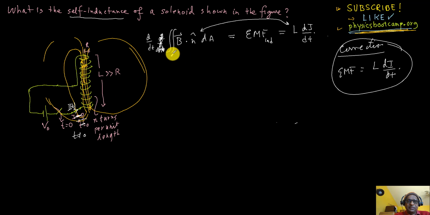Okay, so let's see what surface area we are doing. So the loop is this whole thing, and then I come back. So this is the dl over here, and over here that's the dl.